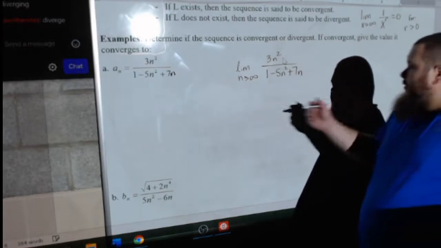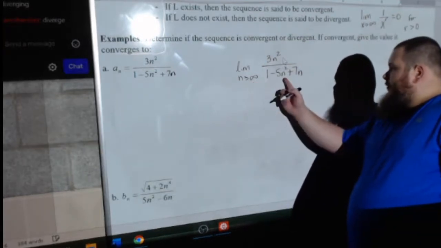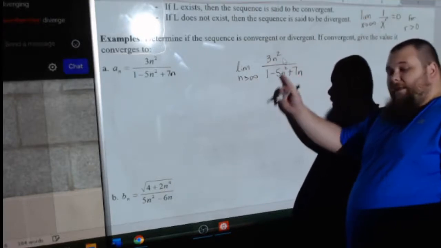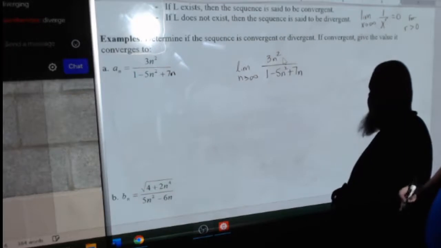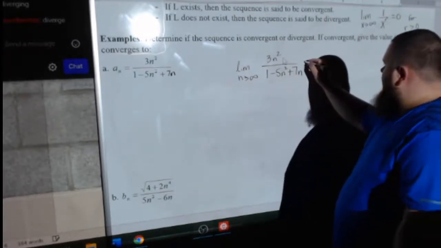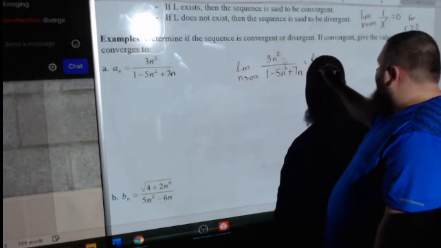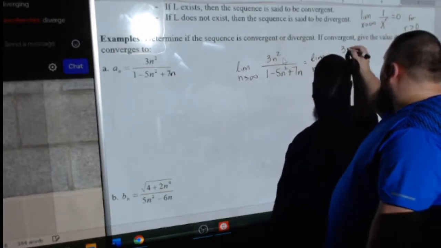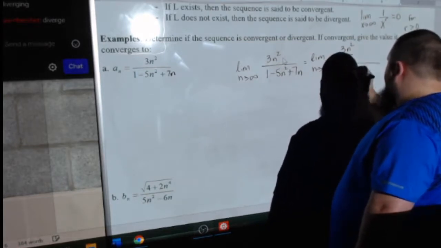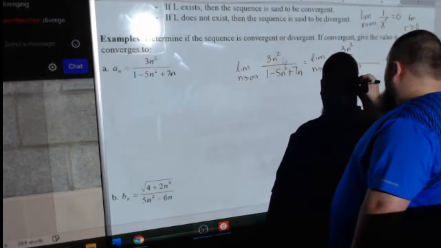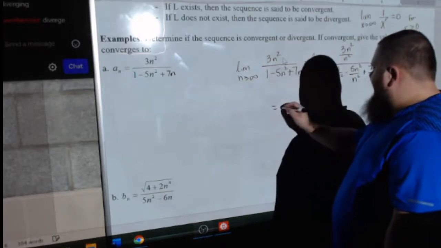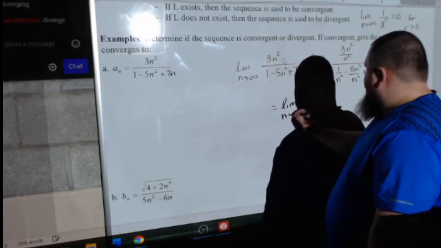Now I don't know how much you remember from Calc 1, but in order to solve this type of limit, it's easiest to divide by the highest power of n in the denominator. So I'm going to divide every single term by n squared. And when doing that, it will simplify.